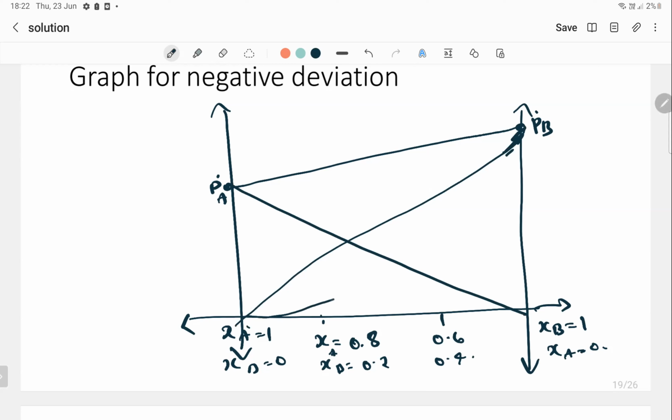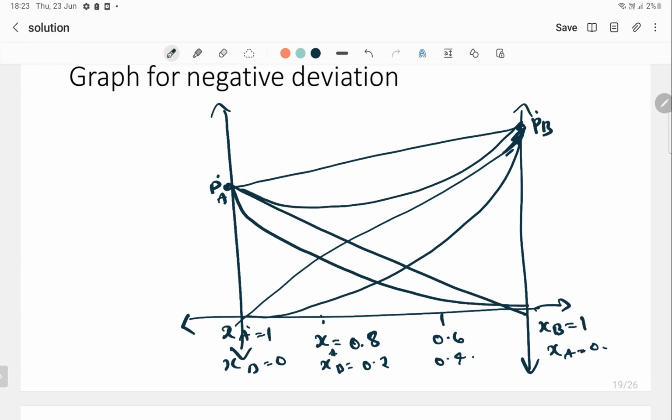So here less volume is noted, right? So your graph will be of this type. Correct? So all your curves will be below the Raoult's law graph.